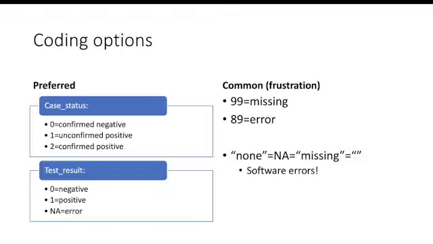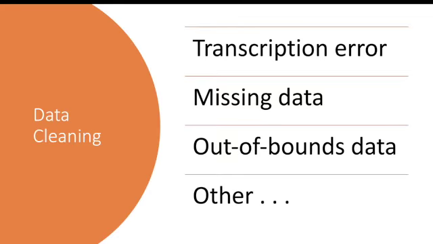So I prefer NA, but also using just none or missing to make clear that there are no data there, and there is a reason for that, rather than having a blank cell or having a number that might be misread.